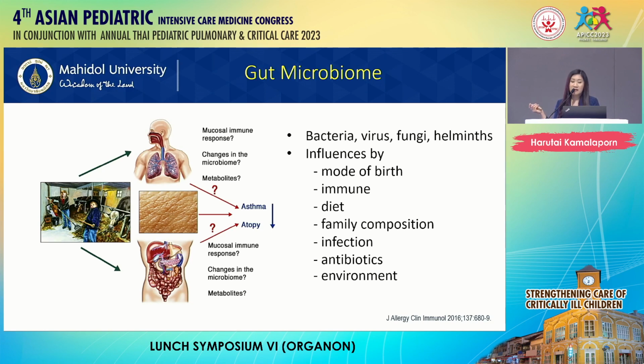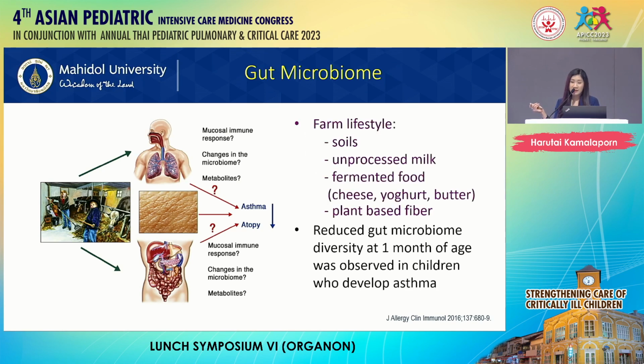The immune system, the diet, and the family composition I mentioned before, with a farm lifestyle, contact with soil, drinking unprocessed milk, and eating some fermented food. If your kids like to eat cheese, yogurt, and butter, or plant-based fiber, it may be beneficial for them in not developing asthma.